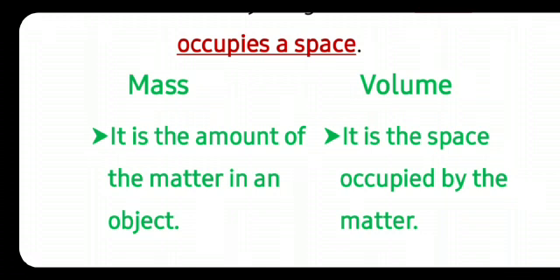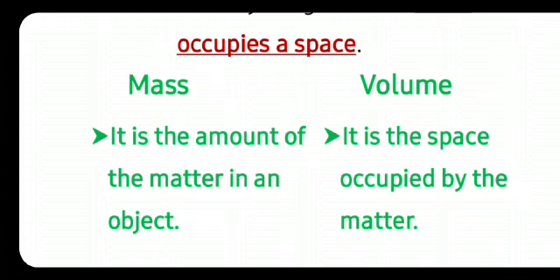Will this bag be light or heavy? It will be light, so the mass of this bag is small, because the amount of matter in this object is small. In the other bag, I put all my books, my clothes, heavy things. So the amount of matter in this bag is large, so this bag will be heavy.